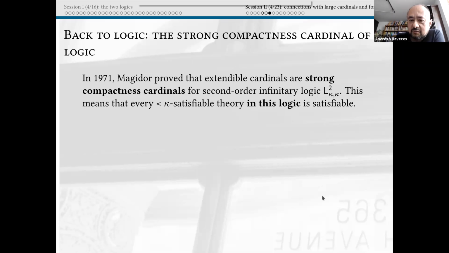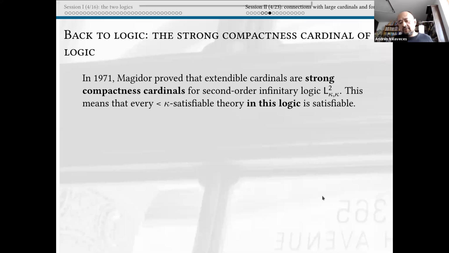So it's second order plus conjunctions and disjunctions of length kappa. You can sense a little bit where I may be driving this discussion to. Being a strong compactness cardinal for a logic means that for every satisfiable-in-fewer-than-kappa-pieces theory in this logic, that theory is satisfiable.